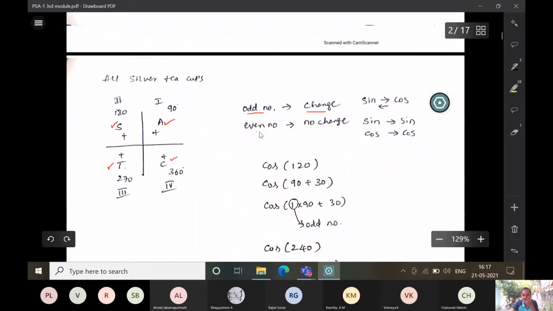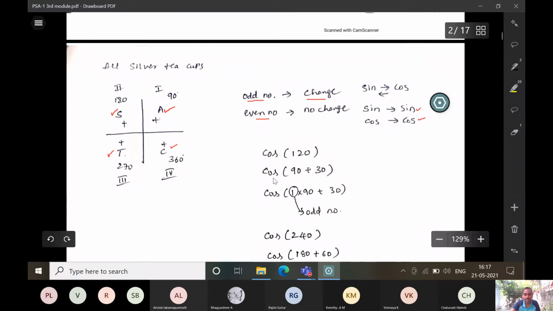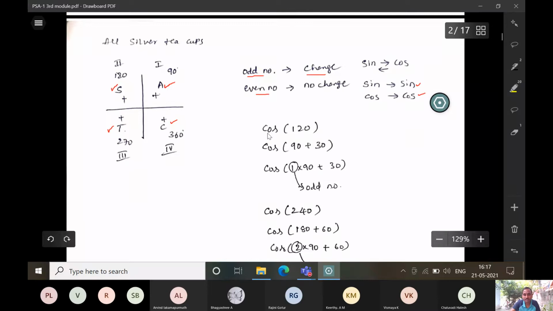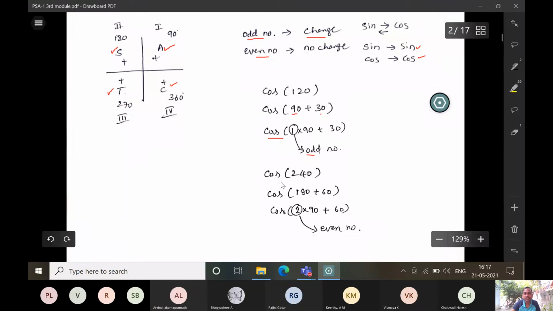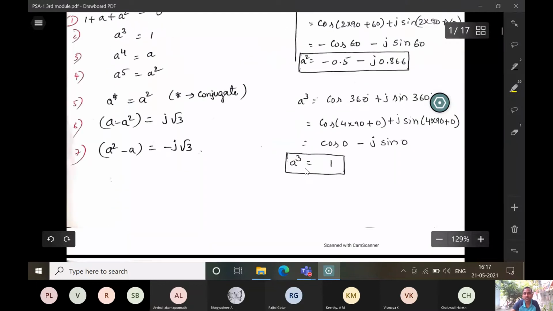If you take an even number, there is no change; sine remains sine, cos remains cos. So cos of 120 can be written as 90 plus 30. So in place of 1 into 90 plus 30, it is an odd number, so therefore the function changes. Okay, so write it as it is.